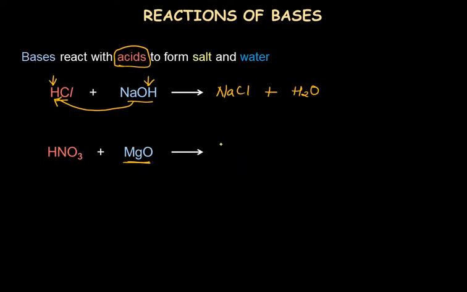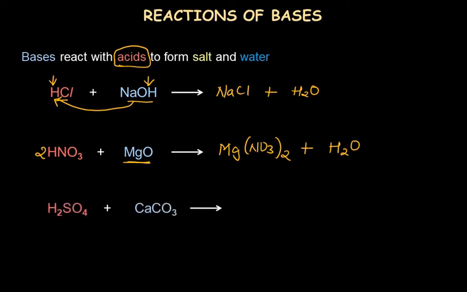Here we will get magnesium nitrate as a salt, and again we will have water as the product. Now if we want to balance it, then we need to add 2 here. This is how a basic oxide, a metal oxide which is basic in nature, will also react with the acid in a similar way.